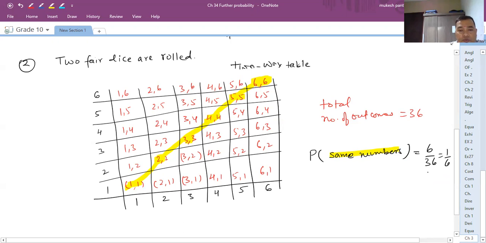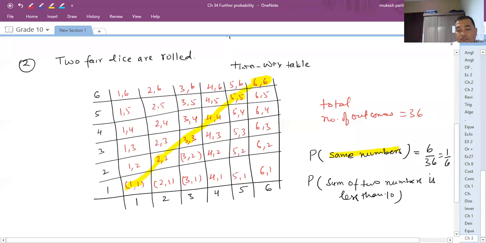Suppose the probability that the sum of two numbers is less than 10.